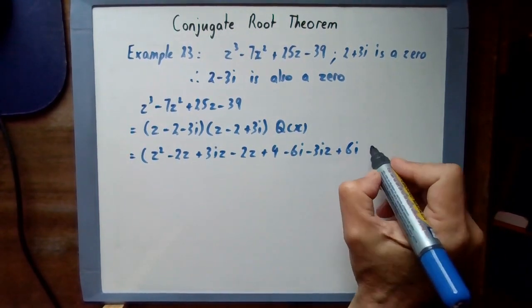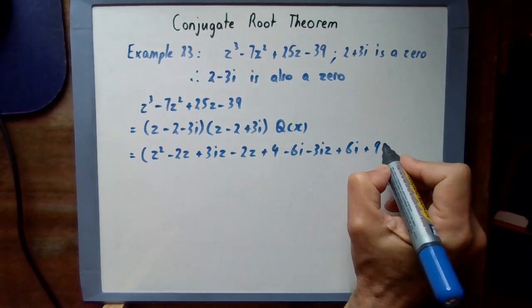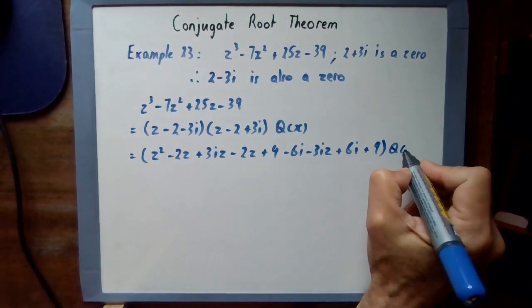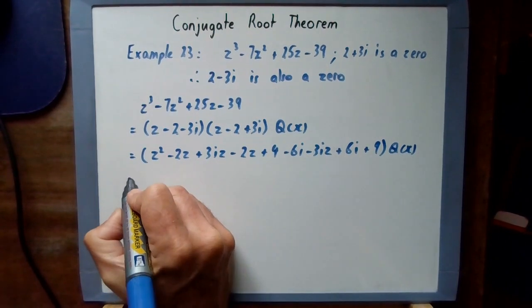So minus 9i squared is the same as plus 9.